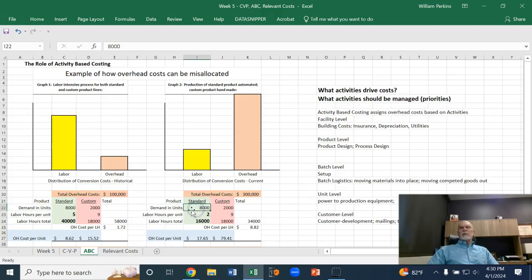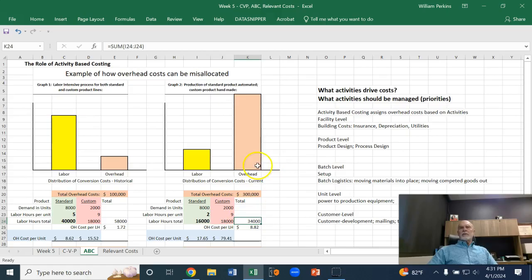We're still making 8,000 of them, but we only have to spend 2 hours of labor because most of the production is on the equipment, the machine time. We're still making 2,000 of the custom items using 9 hours apiece. So in total, we're going to have 16,000 labor hours to make the standard product and still 18,000 for the custom. That's 34,000 hours total.